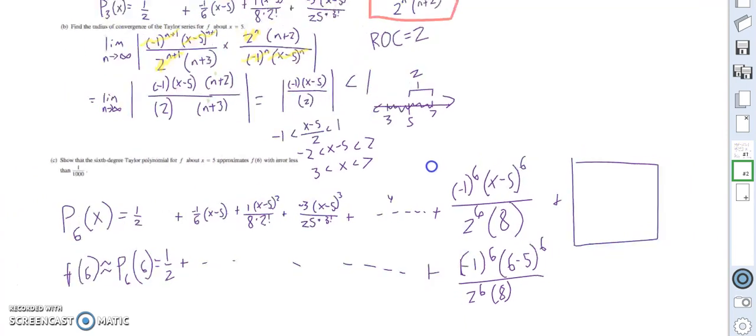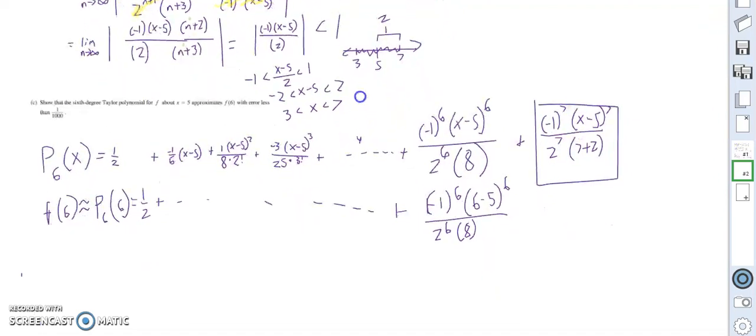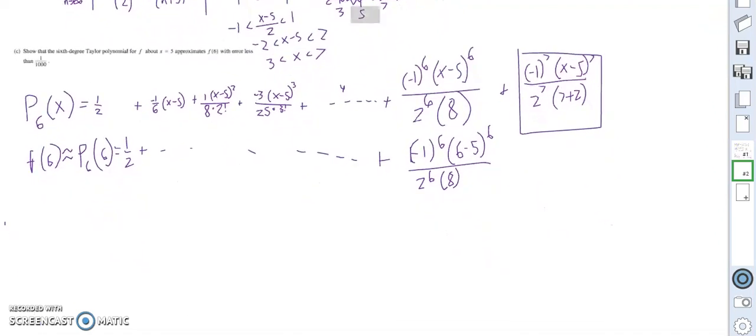The first term I leave off looks like -1 to the 7th, because I stopped when n was 6, so now I'll see what it is when it's 7. x minus 5 to the 7 over 2 to the 7, 7 plus 2. So when I plug in a 6 into the polynomial, I'm going to sum up this alternating series, where it's going to be 1/2 minus a 6 times 6 minus 5, plus something, minus something.